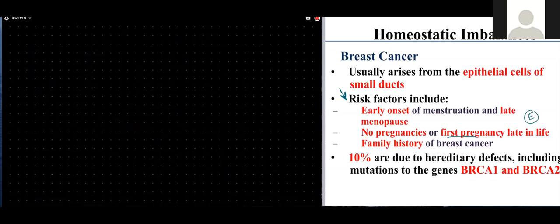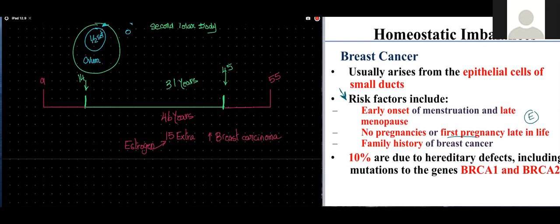Breast cancer is also going to be a hereditary disease in 10% of the patients. Remember, it's a disease that runs in families. So having a family history of breast cancer puts a person at a great risk of developing a breast carcinoma.